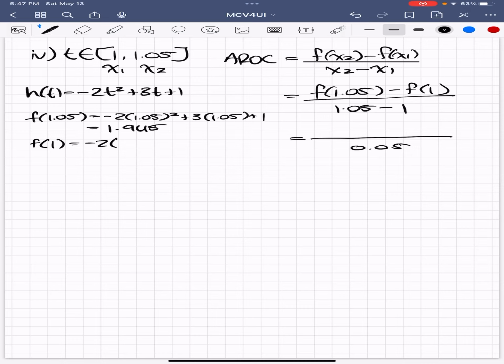And as we know, we've calculated this a few times, and f of 1 is always 2.